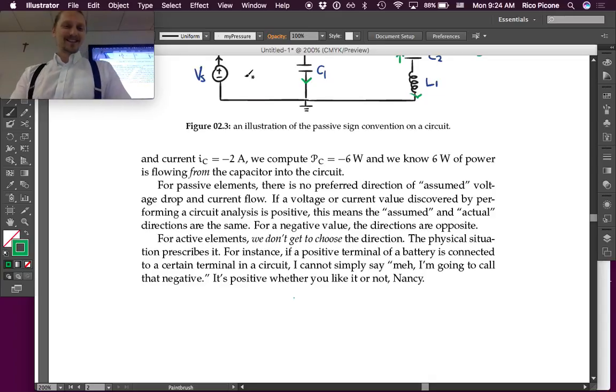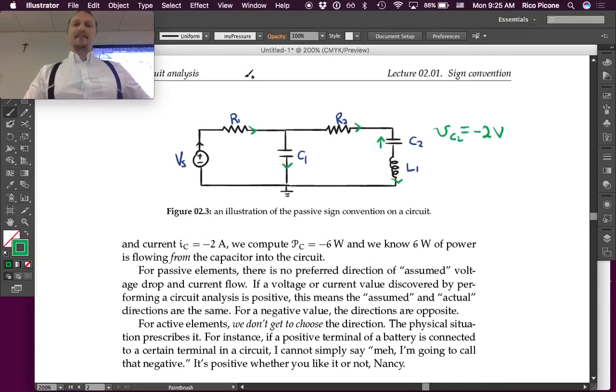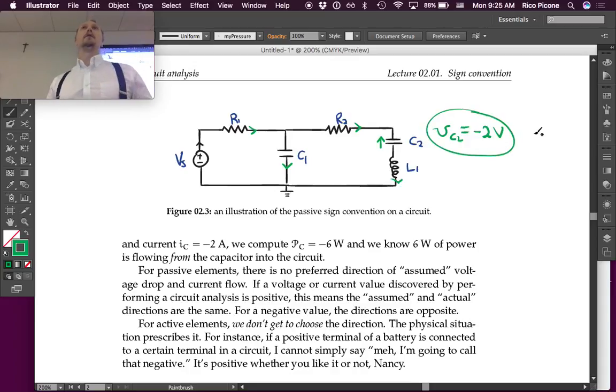Okay, any questions on sign convention? It's just everything you've come to know and love about sign conventions. Why did it drop the opposite way on that second capacitor again? We don't know what VS is, and we don't know what the current time is, but say that at a certain time it was -2 volts.